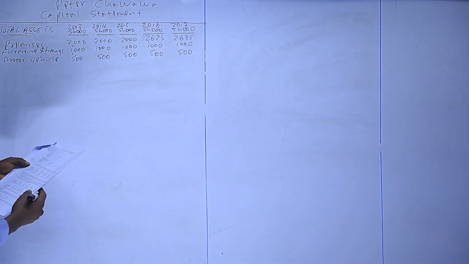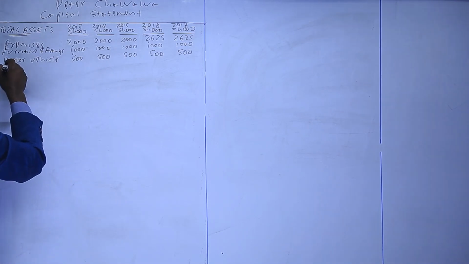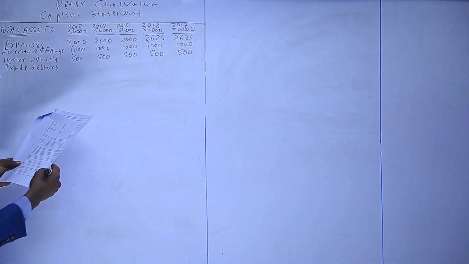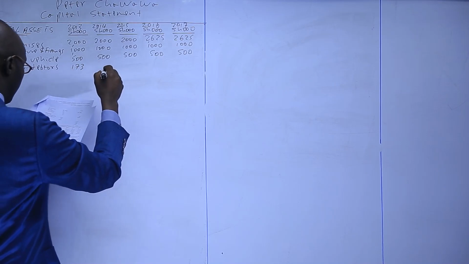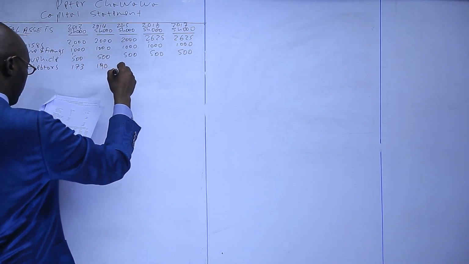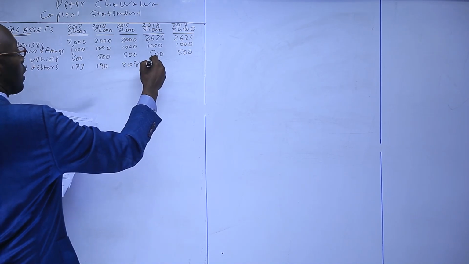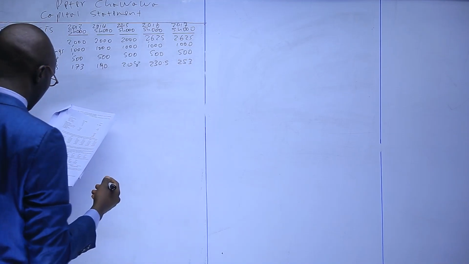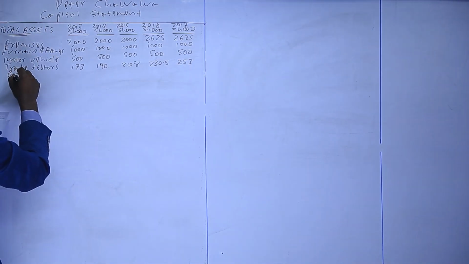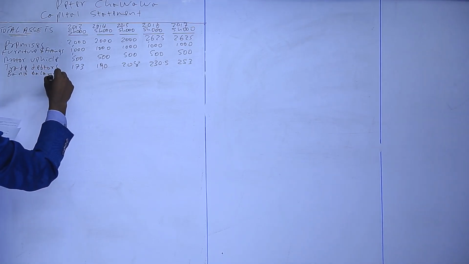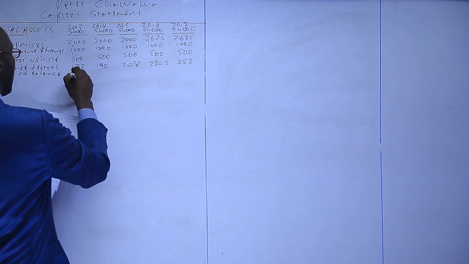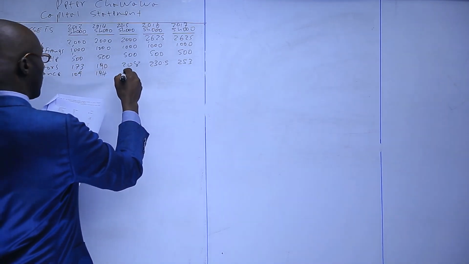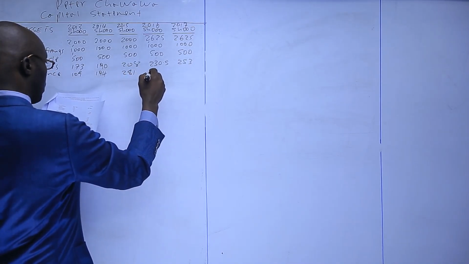Then we now bring forward point number 3, trade debtors, 173, 190, 28, 230.5, 253. Bank balance, which we have 109, 194, 281, 281.